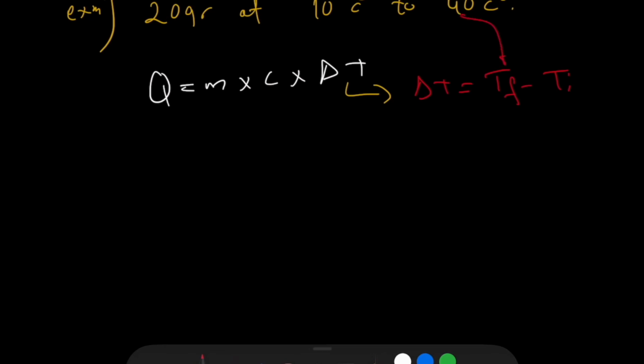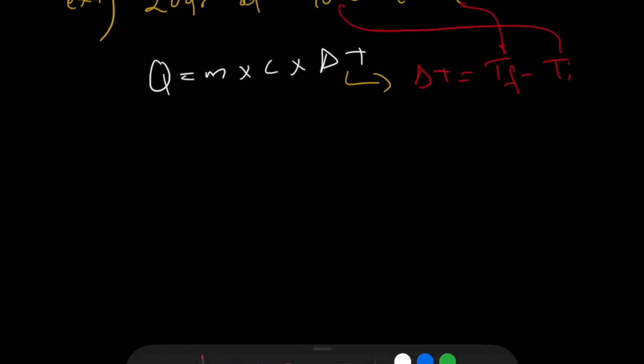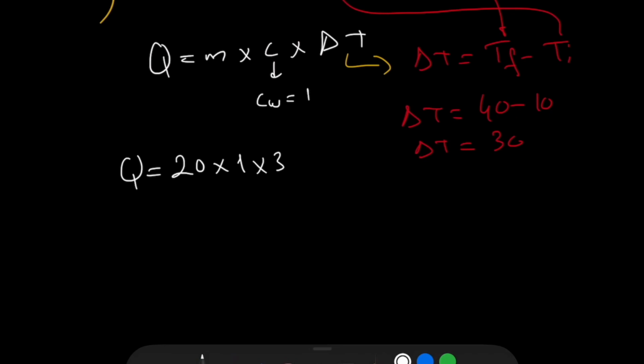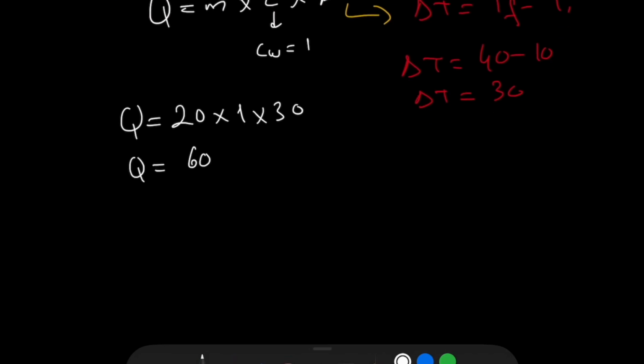T final is 40, T initial is 10. Delta T, T final 40 minus T initial 10, this is 30, our delta T. Let's put numbers. m is 20 gram, c water is 1, multiply 30. Q equals 600 calories.